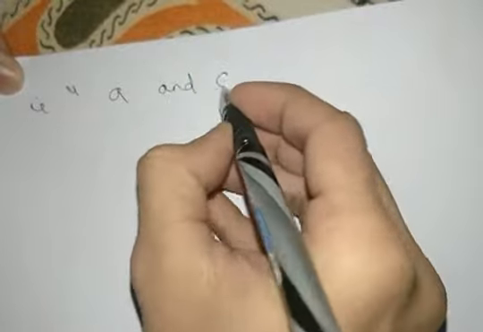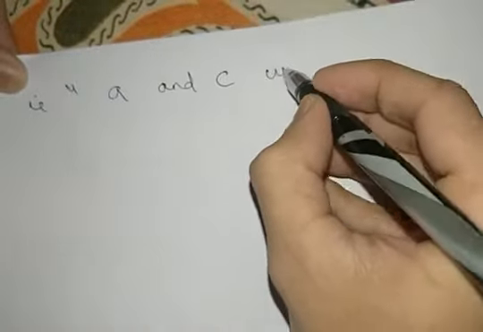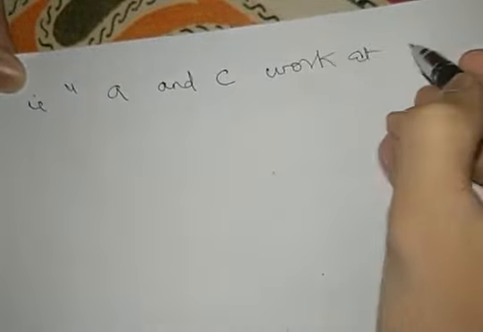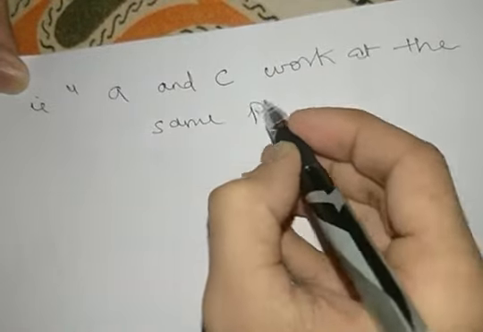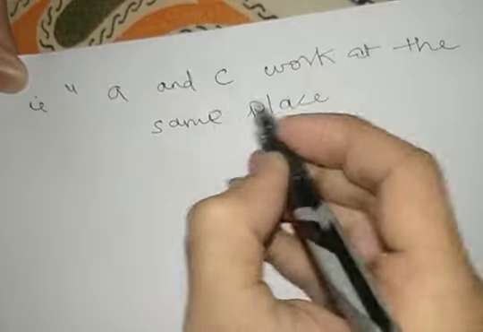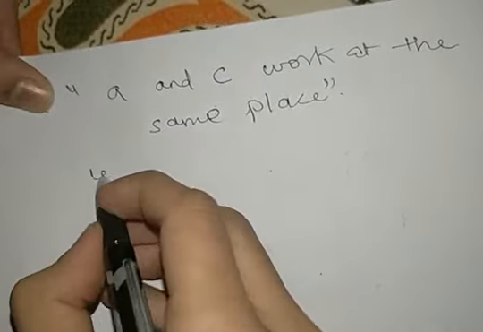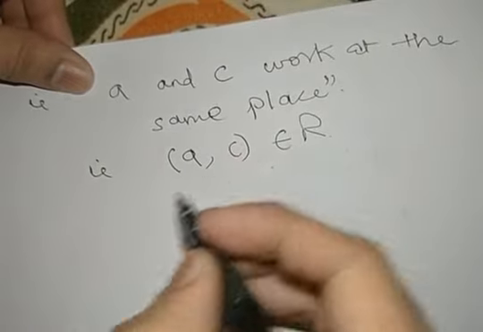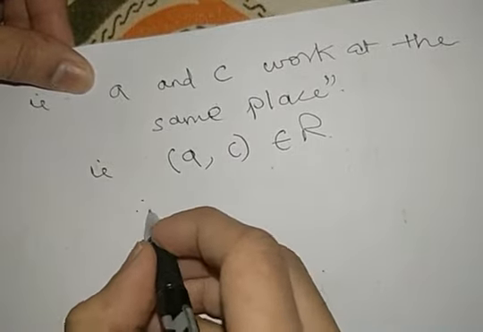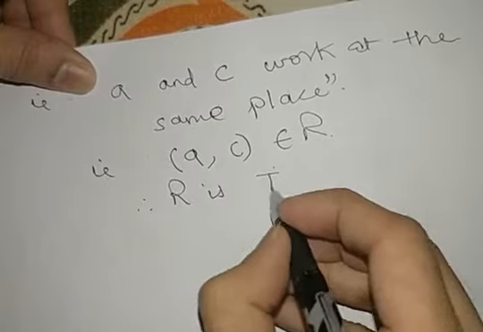So what we conclude is that a and c work at the same place. So that is (a, c) belongs to R. Therefore R is transitive.